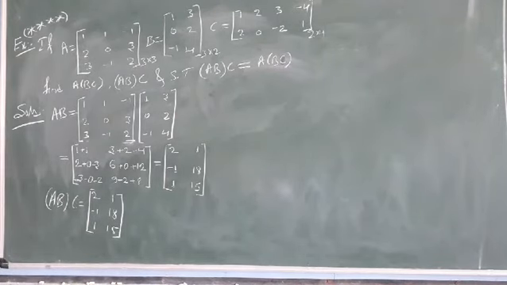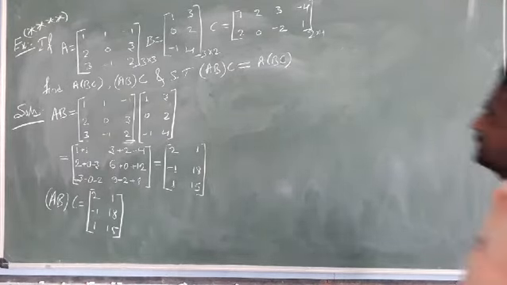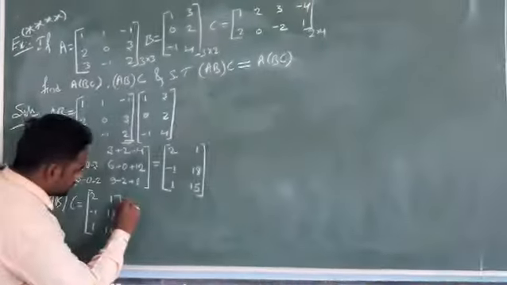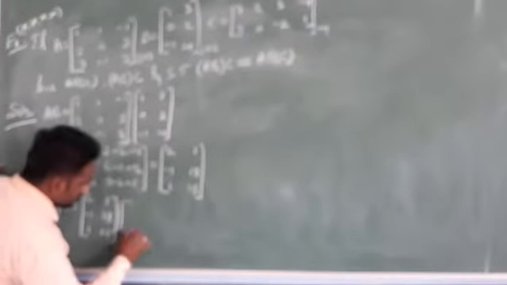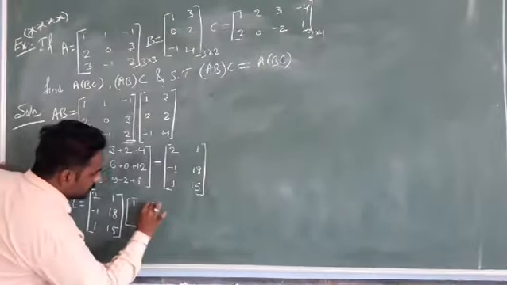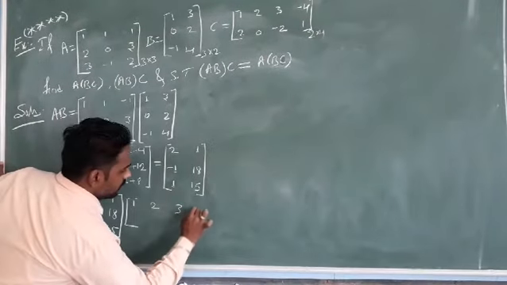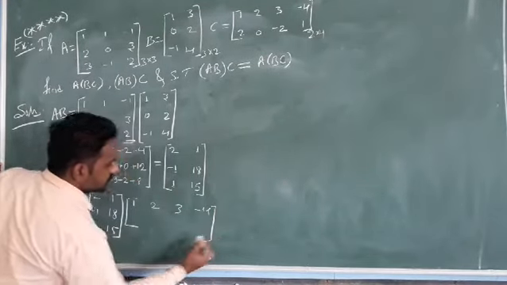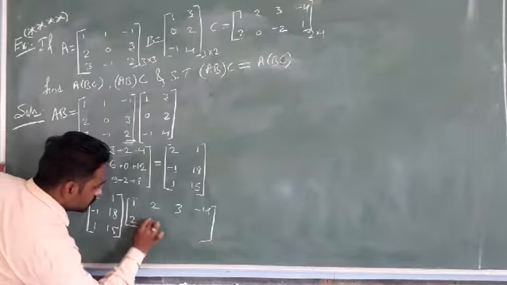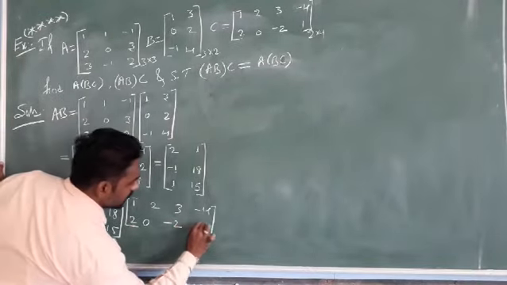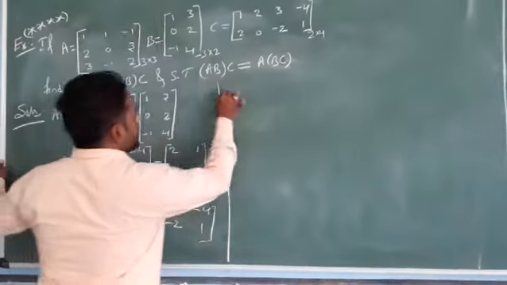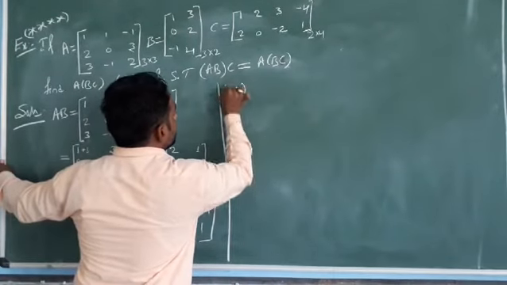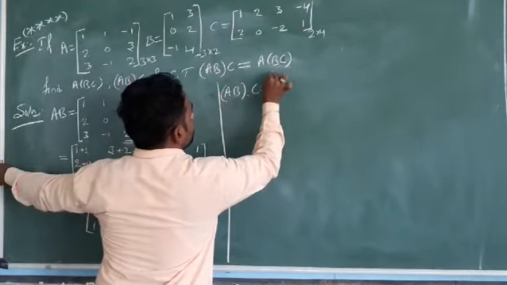C is 1, 2, 3, minus 4, next 2, 0, minus 2, and 1. Okay, see here, students. This is the C. We have to find AB into C now.